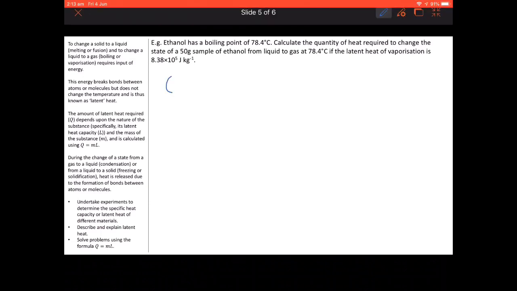So very similarly, we'll just use our rule, latent heat equals mass by specific latent heat, and we're talking about boiling point here, so we're going to be talking about the latent heat of vaporization, which is what we've been given.